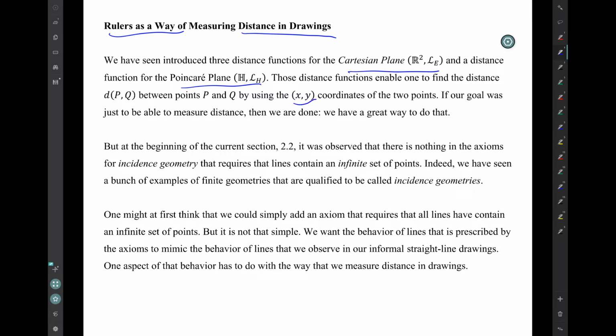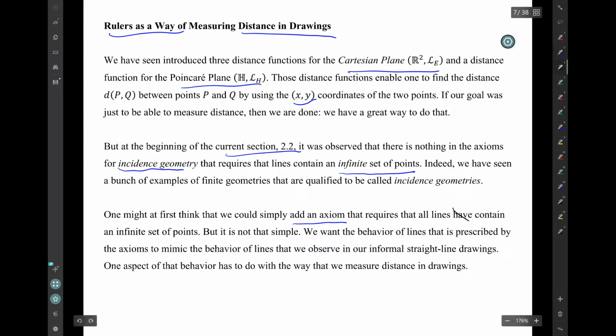But at the beginning of the current section, it was observed that there is nothing in the axioms for incidence geometry that requires that a line contain an infinite set of points. Indeed, we saw that there were a bunch of examples of finite geometries that qualified to be called incidence geometries. Well, you might think at first that we could simply add an axiom that requires that all lines have an infinite set of points.